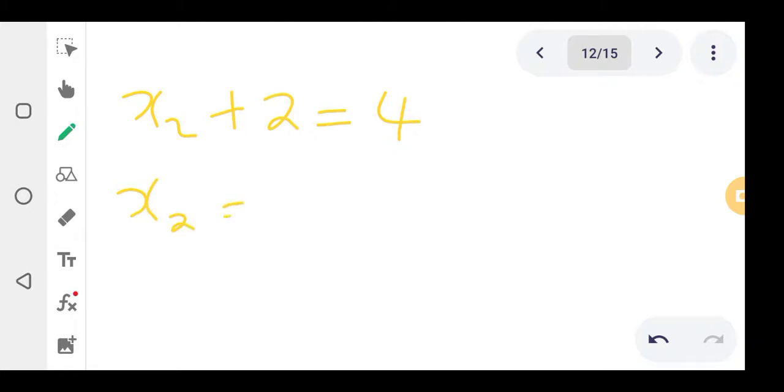So x2 is equal to 4. That 2 goes this side, becomes minus. So x2 is going to be equal to 2.